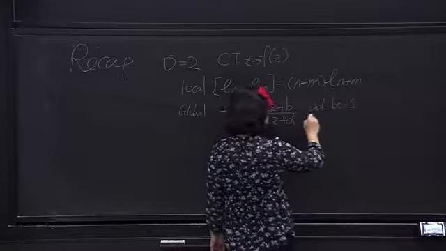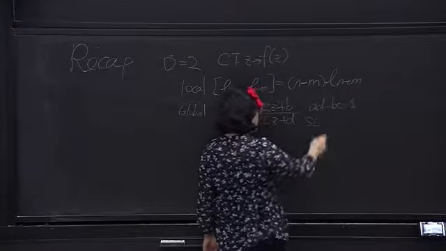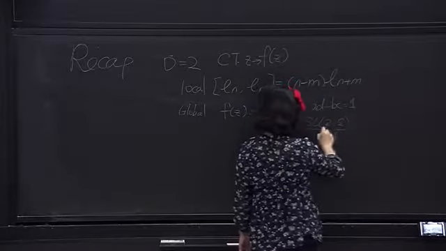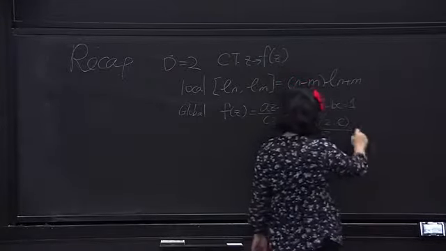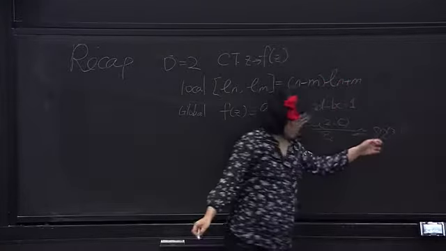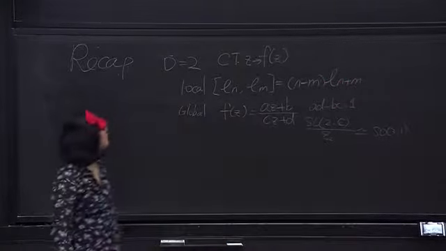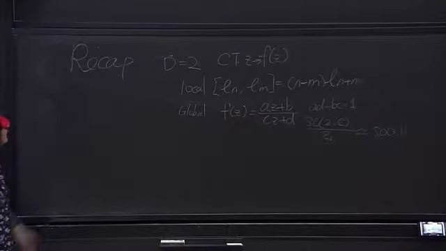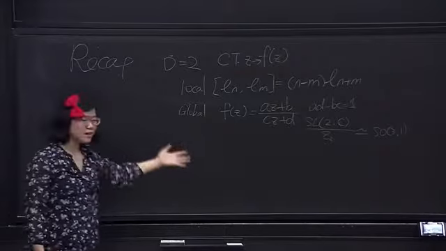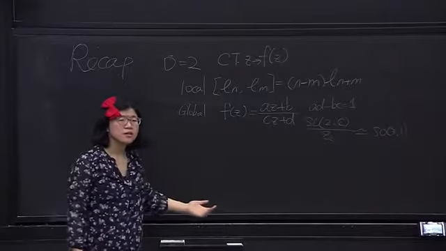And what you discovered is that this group is the special linear group in 2 dimensions with complex numbers, divided by the double cover, which is equivalent to the conformal group you would have found if you just assumed D is anything, and then you take D equals 2.